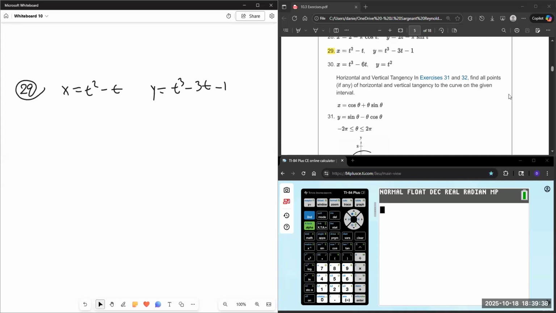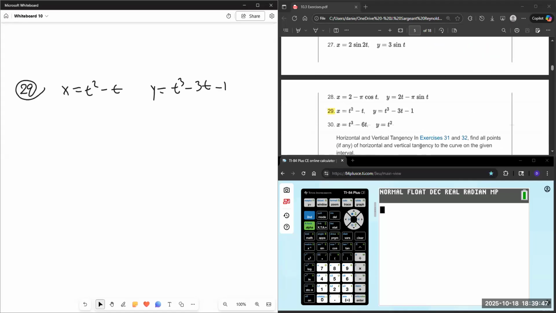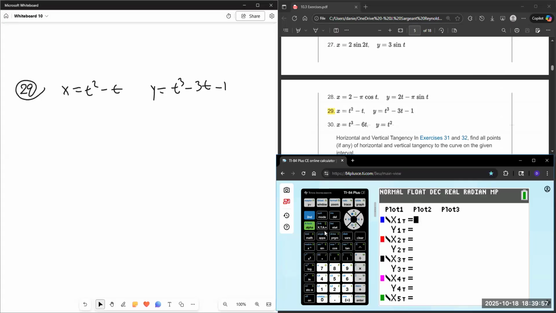And I'd like to see, instructions are find the equation of the tangent line at the point where the curve crosses itself. So you're really not going to be able to find this very easily by hand. I'm going to use the calculator to help me.